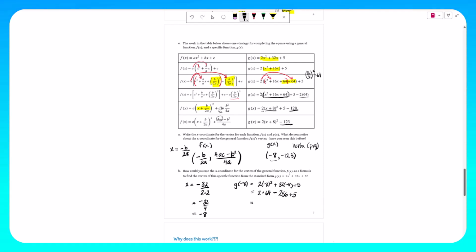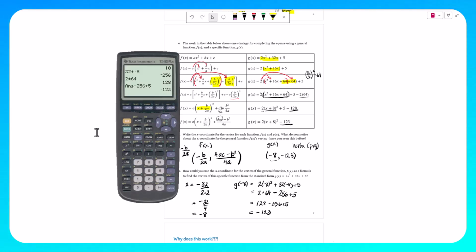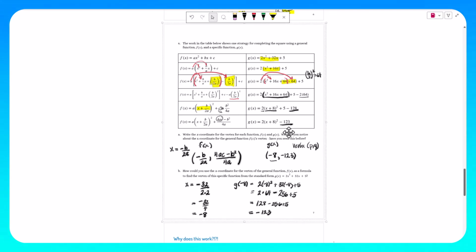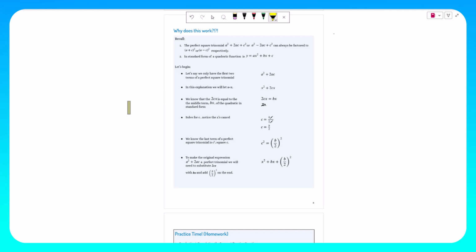When we put this all together, we get 128 minus 256 plus 5, and that gives us negative 123. I'm just double checking: 2 times 64 is 128, minus 256, plus 5 is -123. We're awesome. So let's look at why this works.